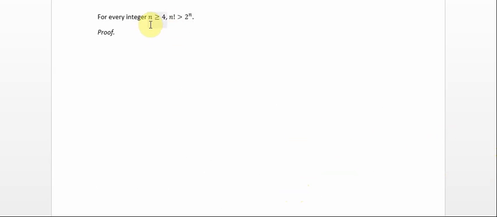For every integer n greater than or equal to 4, n factorial is bigger than 2 to the n. So 4 factorial is bigger than 2 to the 4, 5 factorial is more than 2 to the 5, 100 factorial is more than 2 to the 100. They're both big numbers, but we're saying that the factorial one is always bigger from 4 on. All right.